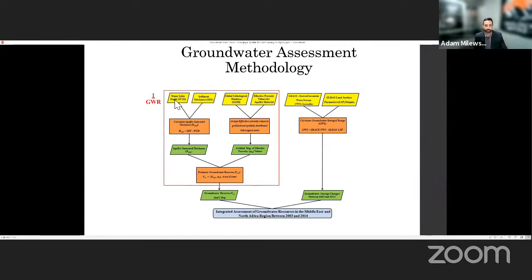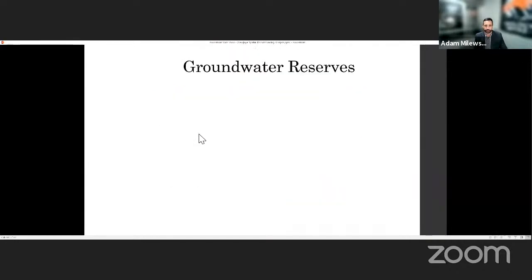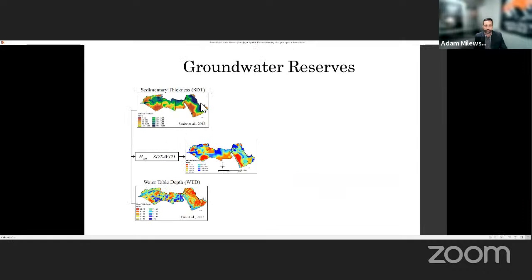I'm going to walk you through the first part, groundwater reserves. Visually, we took sediment thickness maps, which you can see for North Africa here, with the thicker sediments in blue. We took the saturated thickness, the sediment thickness minus the water table depth, the depth of water.